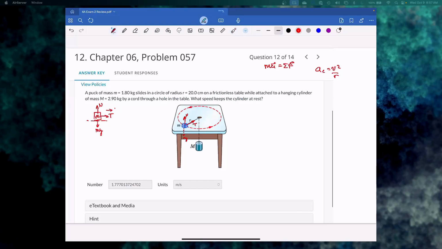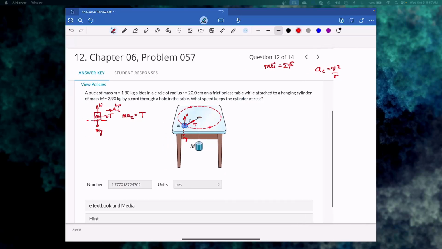The centripetal acceleration's that way as it goes around in this circle. All right, so if that's the case, then what does my equation look like? It looks like mass times centripetal acceleration, and then the only one I have is the tension, right? Call it positive, pointing in that direction? Sure, why not? Okay, all right. So there's that.